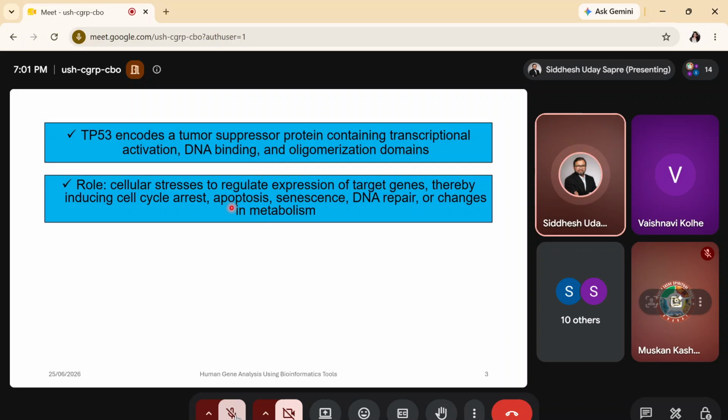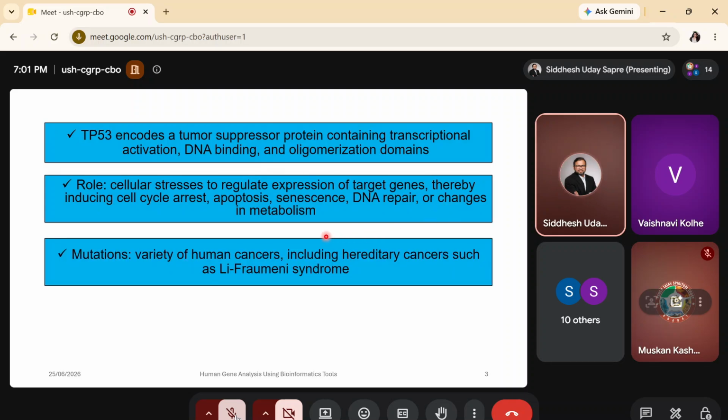Its role is, in cellular stress, to regulate the expression of target genes, which in turn induces cell cycle arrest, apoptosis, that is programmed cell death, senescence, DNA repair, or also some changes in metabolism. If there are any mutations in this particular gene, it leads to a variety of human cancers, including hereditary cancers such as Li-Fraumeni syndrome. This particular syndrome is very famous and has been well documented and studied.